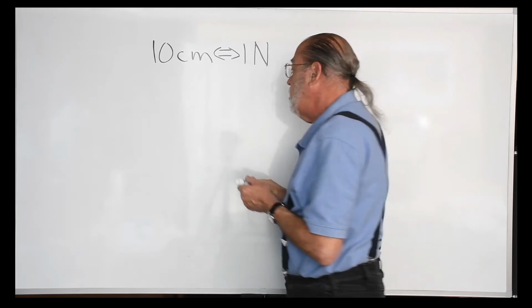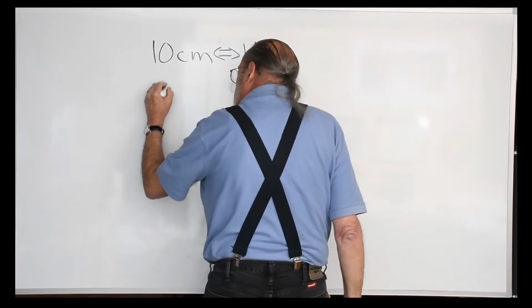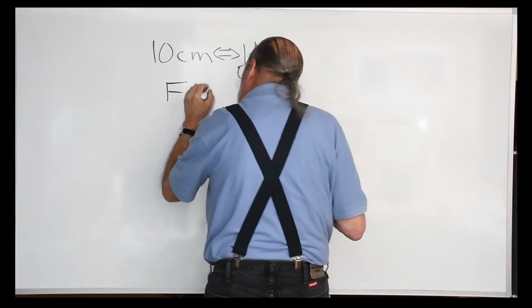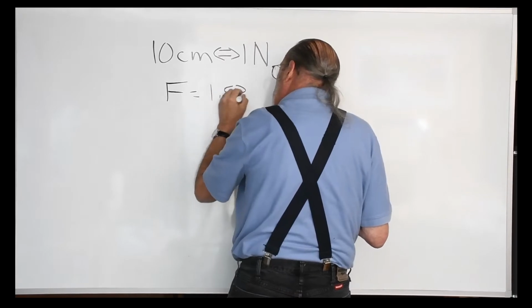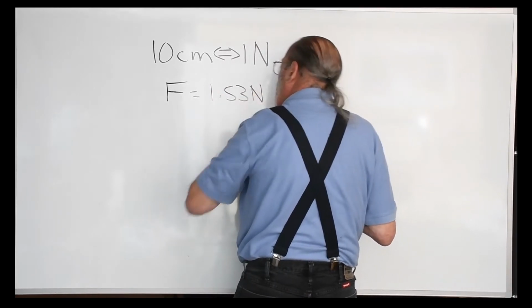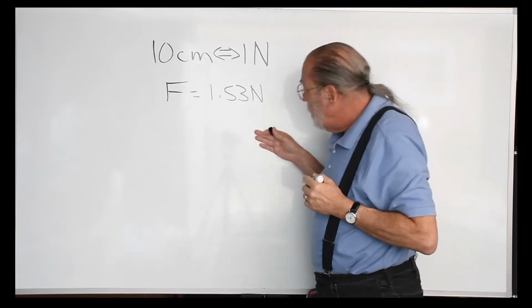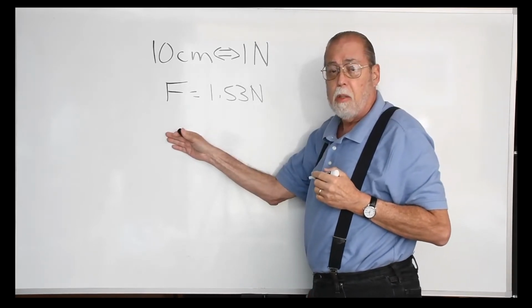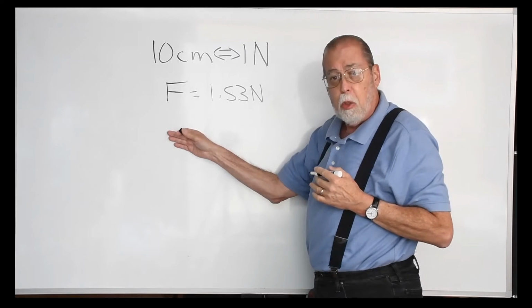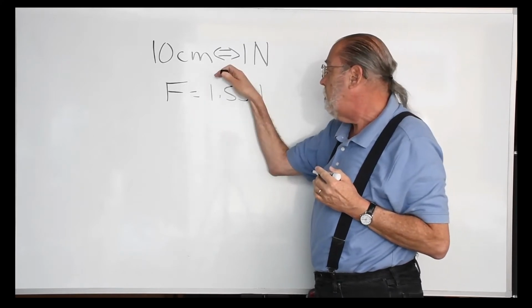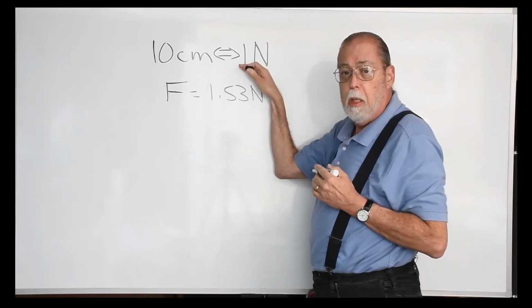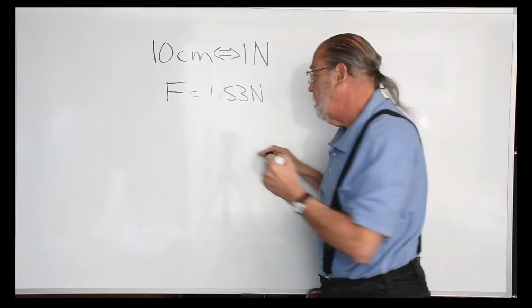Let us suppose that the force is 1.53 newtons. When we want to find the distance that represents this, we use dimensional analysis, but we use this symbol and this conversion instead of a conventional conversion.